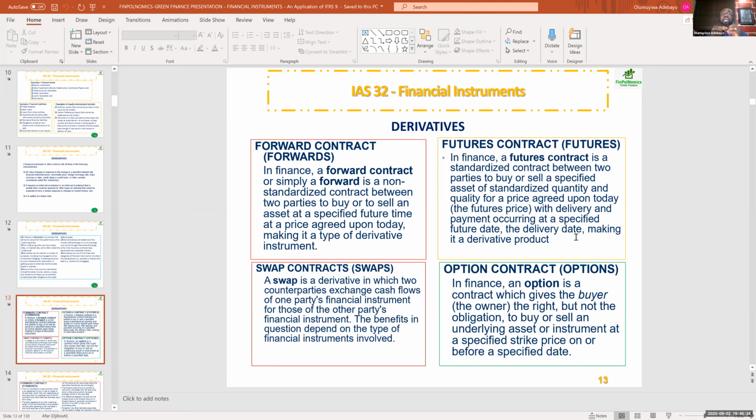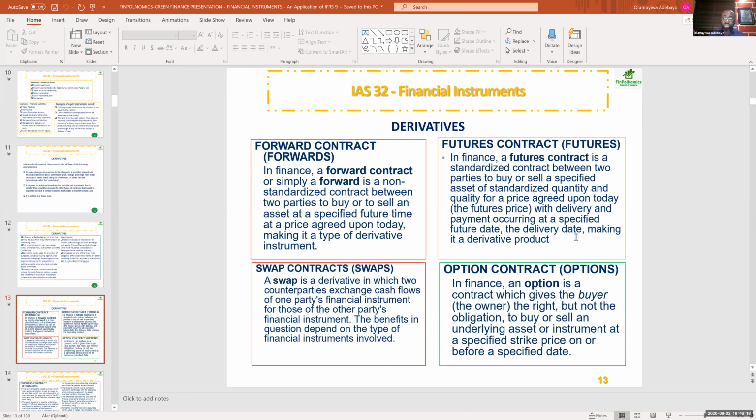Now, a forward contract is a simple contract that I would classify as a customized contract. It is customized because any two parties can sit down with one another and enter into such a contract. And what does the contract say? The contract is such that both parties, as of today, agree on a particular rate of exchange, whether rate of interest, whether market price of items or commodities, or whether foreign exchange rates.